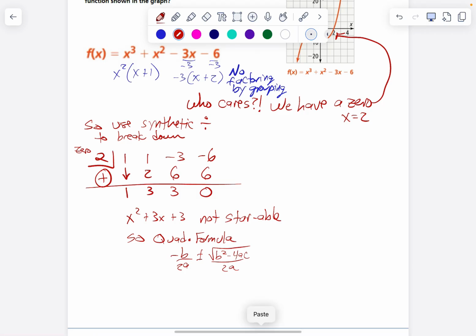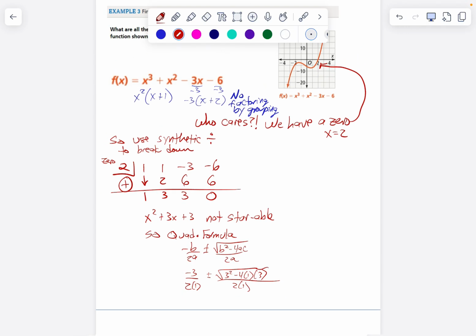It's going to look like negative 3 over 2 times 1 plus or minus the square root of 3 squared minus 4 times 1 times 3, over 2 times 1. Anyway, we go through, we find the zeros from that. Okay? Can you finish that off on your own? Not right now, but later? You can.